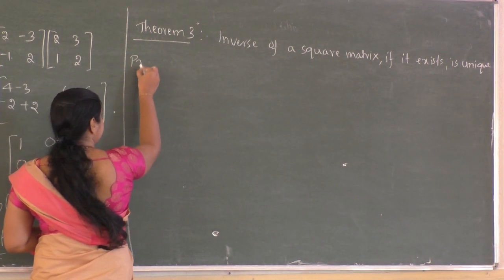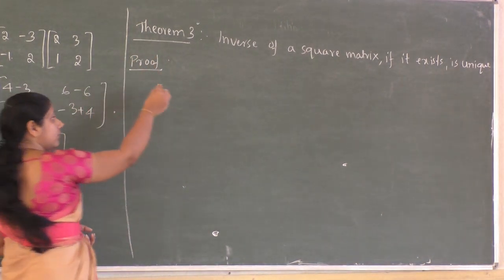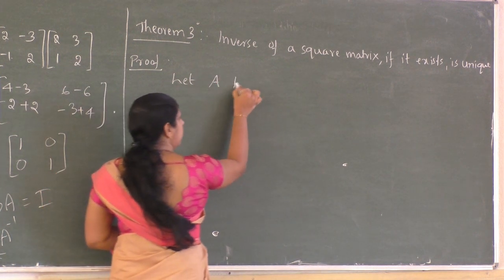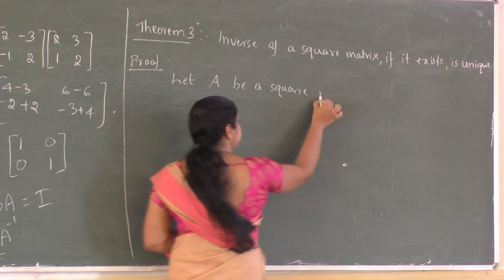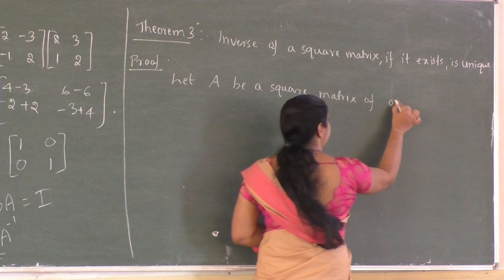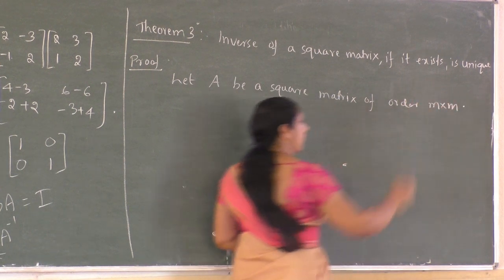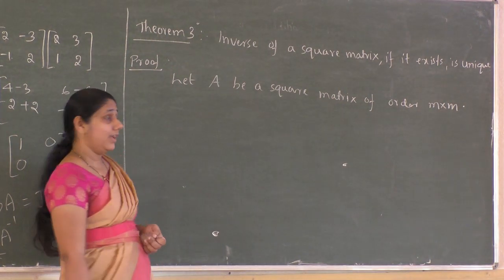For this, let A be a square matrix of order m cross m.